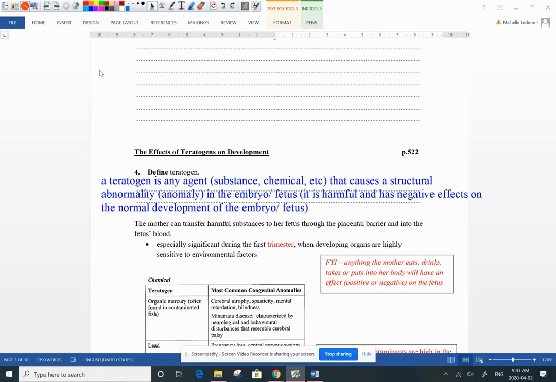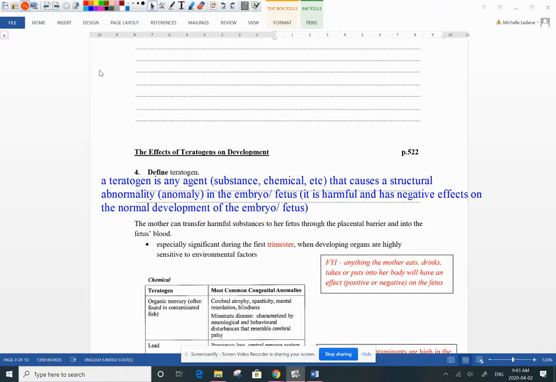So remember that mom has this connection to her fetus. The site of exchange of gases and nutrients is the placenta, which develops from the chorion. And of course, the tube that delivers those nutrients and gases to the embryo, to the fetus, is the umbilical cord. But don't forget that the two blood systems are separate. The fetus and the mom are separate. But anything that can diffuse across the placenta can go into the umbilical cord and make it into the embryo.